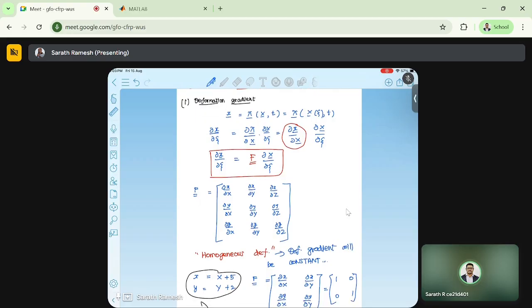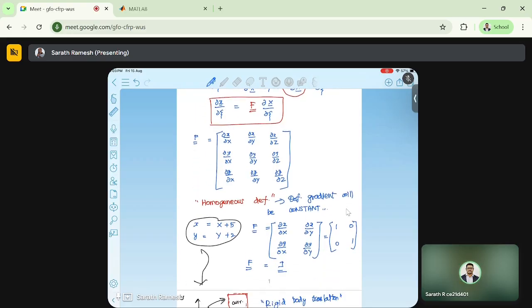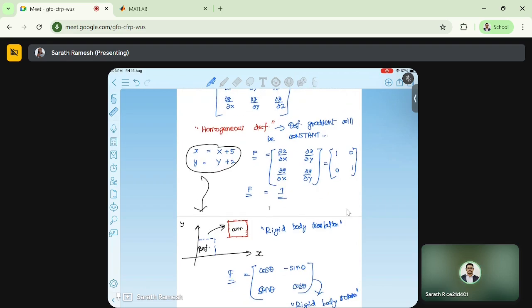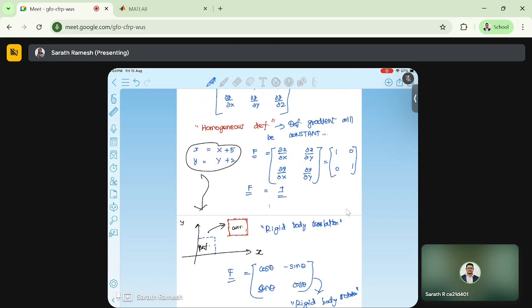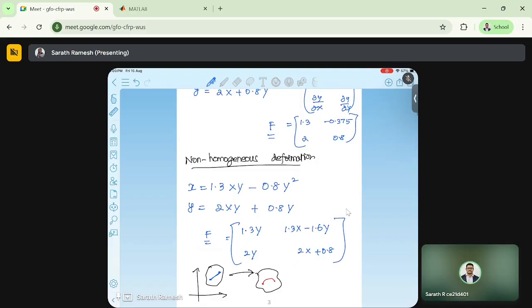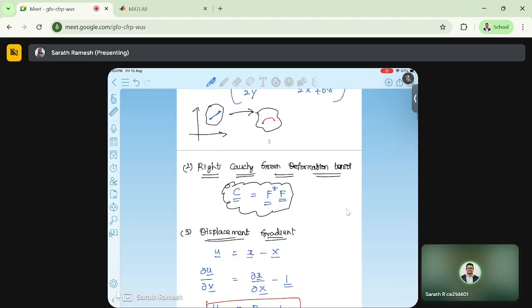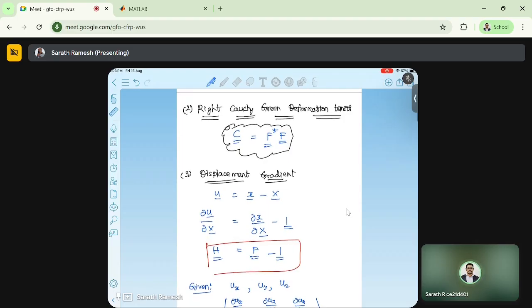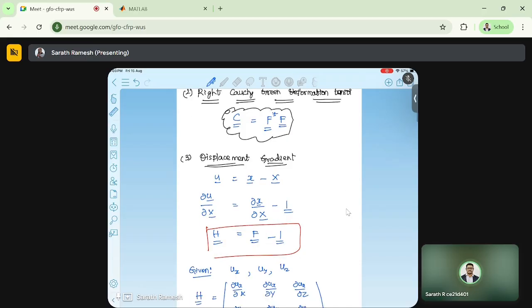First is the deformation gradient, a linear function which maps a directed line segment from the reference configuration to the current configuration. For homogeneous deformation, the F matrix should be constant. Then we saw the right Cauchy-Green deformation tensor, C equal to F transpose F.